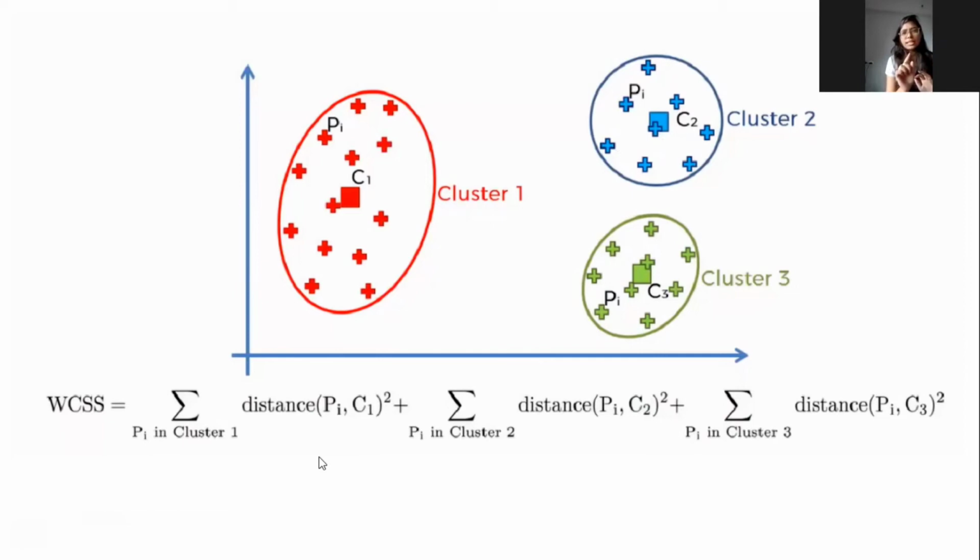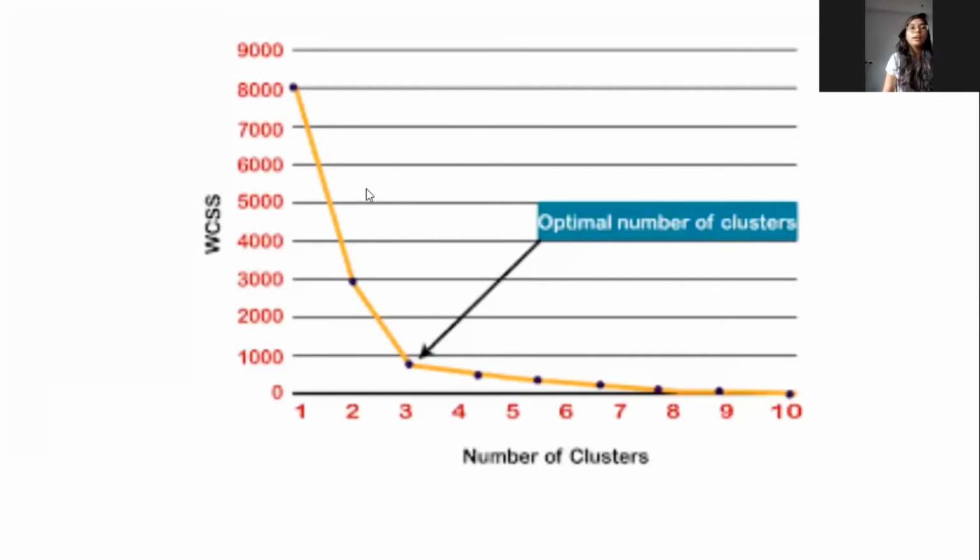So for this example, the number of clusters was 3, and we have calculated the distances for 3 clusters. Similarly, suppose we have only one centroid, and we have to calculate the distances from centroid 1 to all the points within the cluster. Similarly, we can do it for cluster 2, cluster 3, cluster 4, and likewise, and we have to prepare a graph.